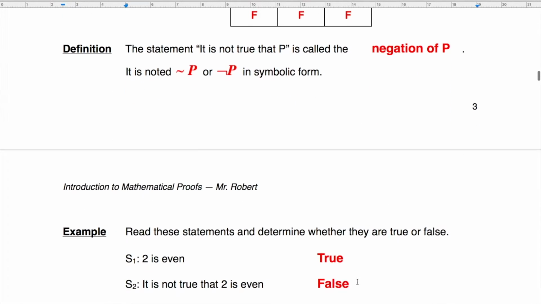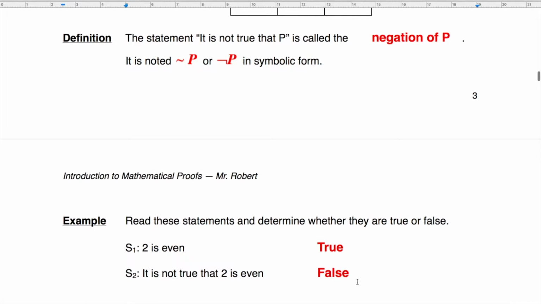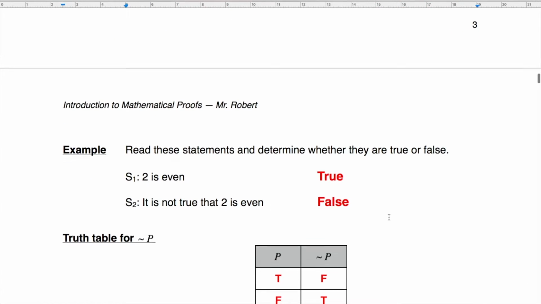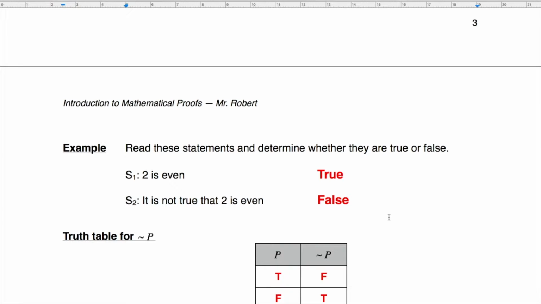Lastly, the statement "it is not true that P" is called the negation of P. And it is written like this or like that. We just say not P in symbolic form. Our textbook uses this notation, by the way. But many times, if you look at other textbooks or on the internet, you'll see this symbol for not P. So you notice here that unlike earlier, there's only one statement, P. So it's a smaller truth table.